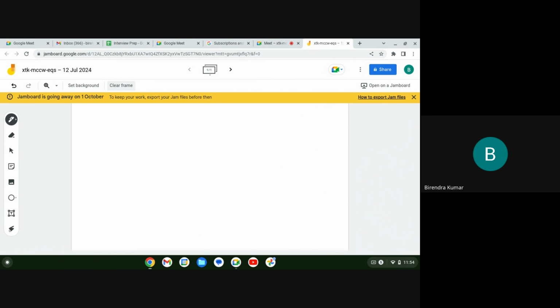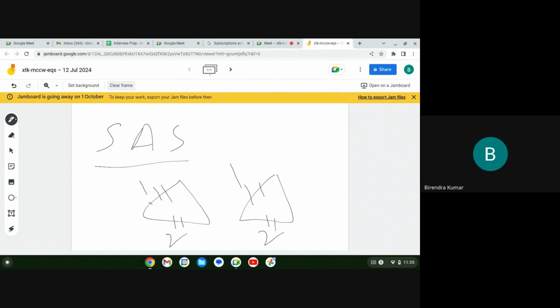Is that okay so far? Now let's look at SAS. What does this theorem say? This theorem says that two triangles will be congruent if two sides are matching, meaning this is 1 and this is 2, and the angle between them is matching.